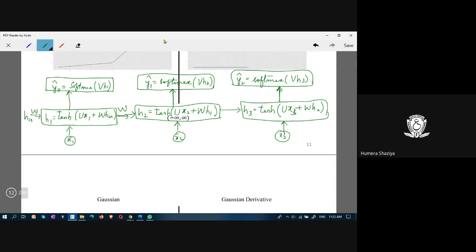This is how values are calculated in a recurrent neural network. Any doubts in this?